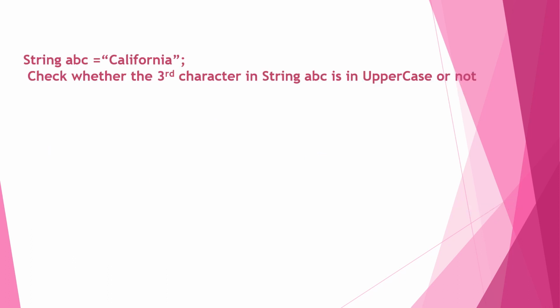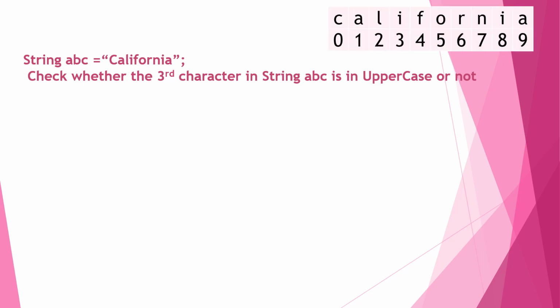And now string ABC is California. Check whether the third character is uppercase or not. The third character is here: 1, 2, 3, L. We have to check whether L is capital or not. L is coming in position number 2: 0, 1, 2.